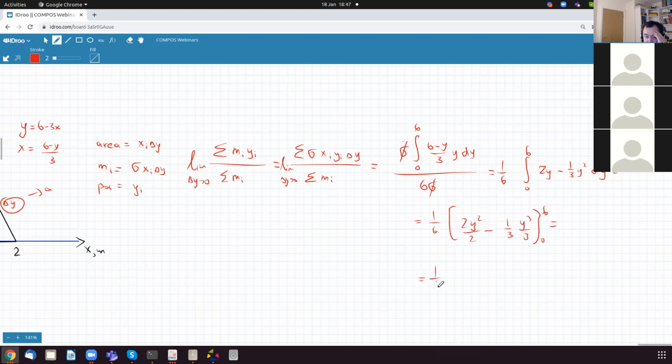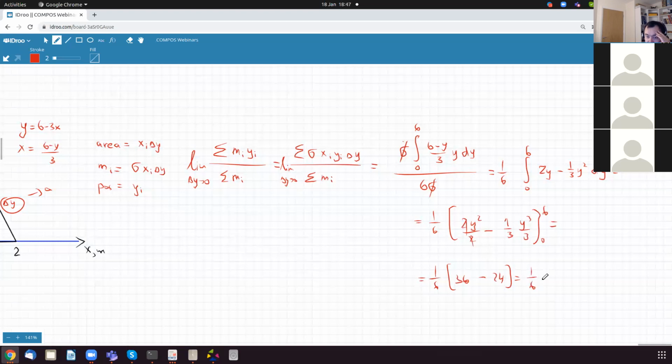We get 1/6. So 2 and 2 cancels, that's 36, minus 1/9 times 216. So 1/3 times 1/3 is 1/9, times 6 cubed, which is 216. 216 divided by 9 is 24.